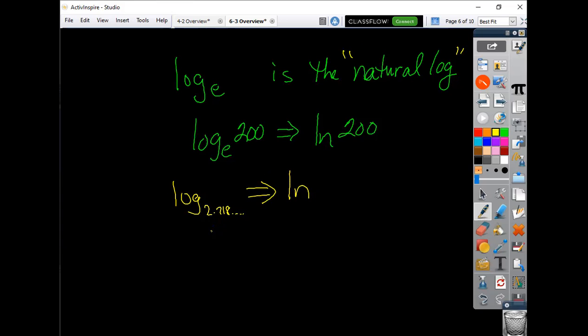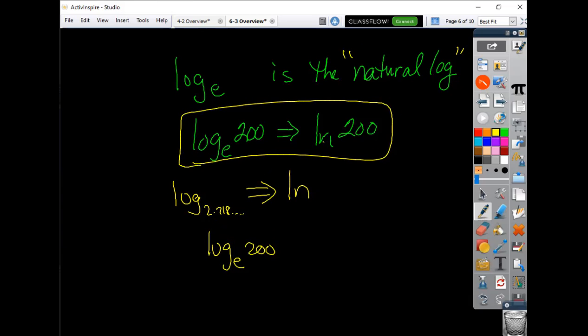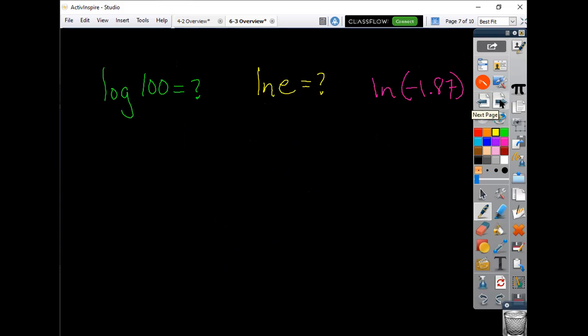So log base e of 200, just like I have here, is written in shorthand as ln, natural log is how it's said, of 200. Those are just some things that are written a certain way that you have to use sometimes.